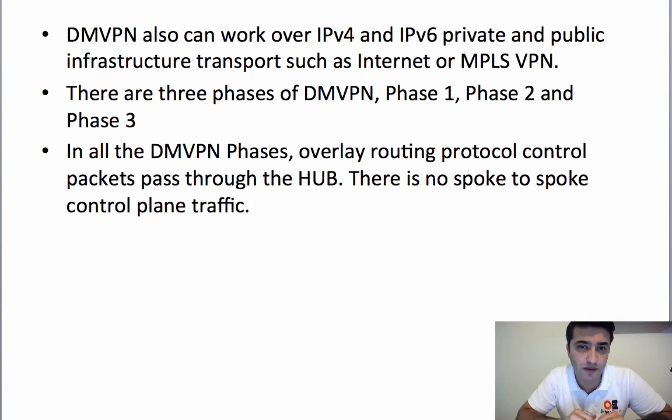But with DMVPN phase 2, they came up with the spoke-to-spoke tunnel first, but there was another problem with DMVPN phase 2 which we will see. And as we will see in the next video on DMVPN phases, control plane protocols always pass through the hub. So there is no control plane traffic between the two spokes, always through the hub.